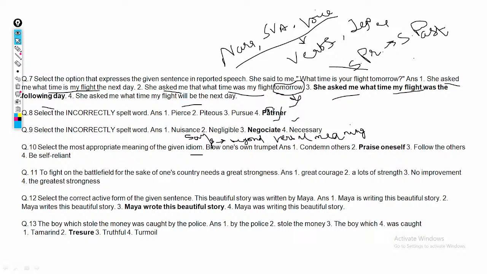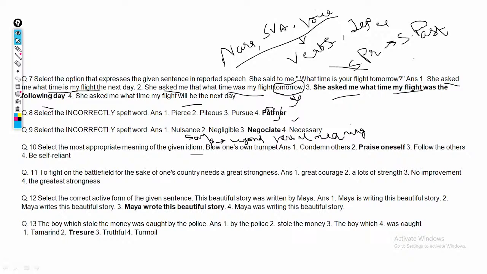So that means you're blowing your own trumpet, isn't it? So that means praising yourself that you have done a great job. That is why this is the correct answer out of all the other options, because one is condemning others, the other is follow the others. That is absolutely not relevant to this, and the fourth is be self reliant, so we don't need it at all. We need praise oneself.